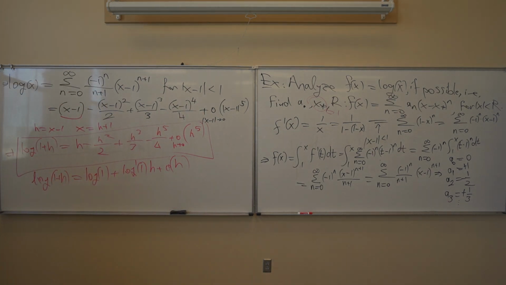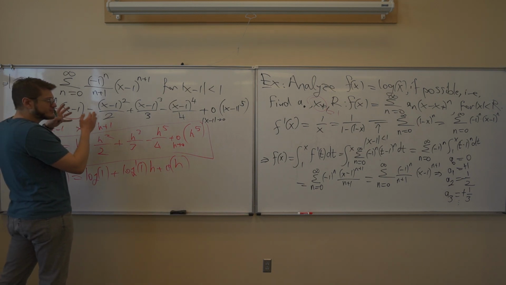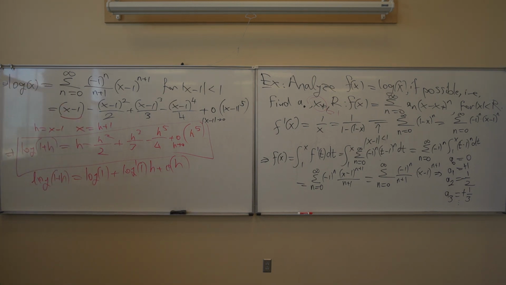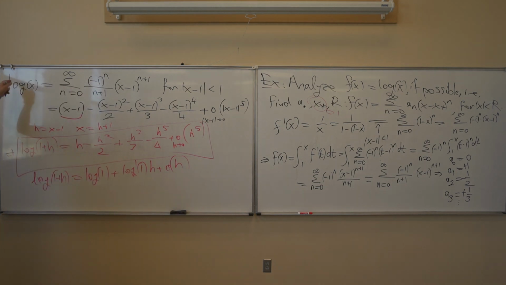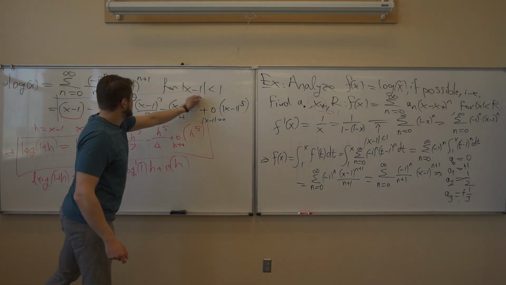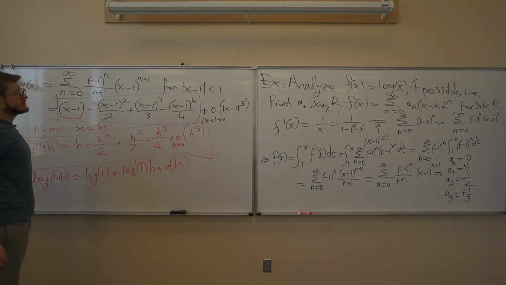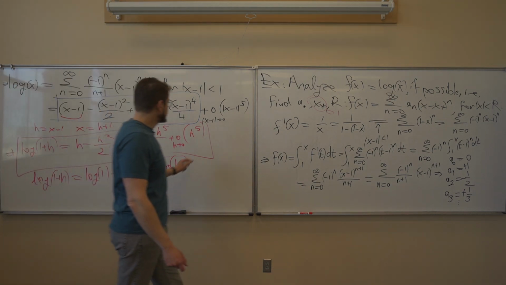And if you put this on Desmos, you're going to see how the approximation works immediately. Now, tomorrow, what we're going to do is we're going to call this part, for instance, the fourth order Taylor polynomial of log at 1. So this part is going to be the fourth order Taylor polynomial.